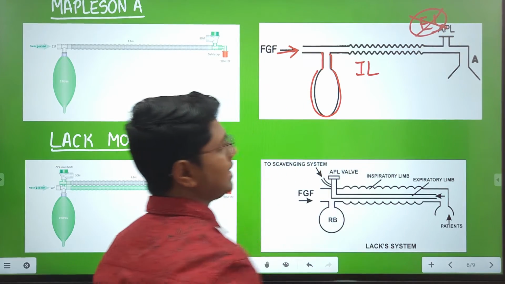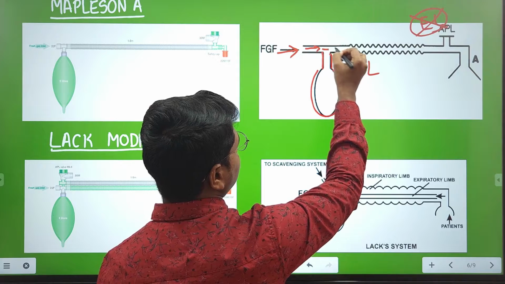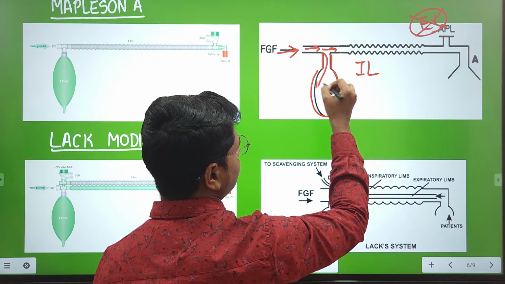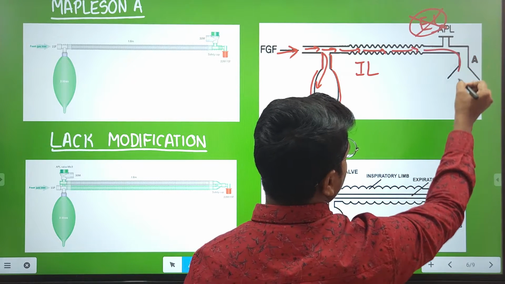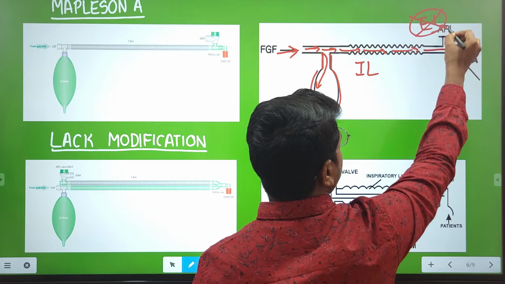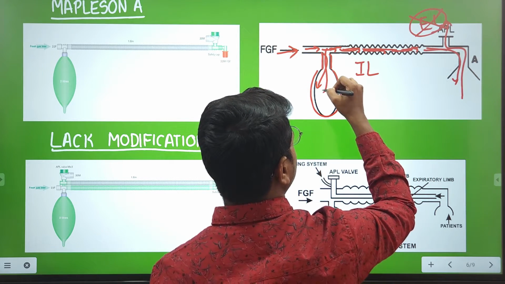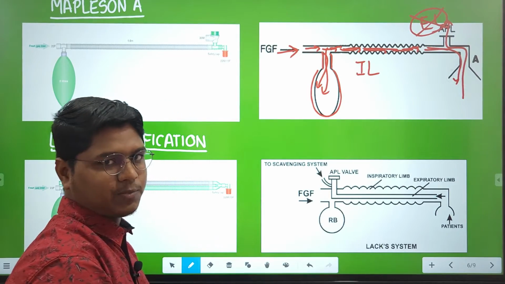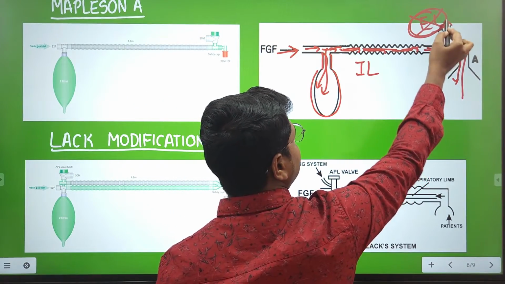How the gas will flow? Here the gas will flow towards the patient. Some will be collected in the reservoir bag. When the patient will expire, it will go through the APL valve. Some will come to the reservoir bag also. So partial rebreathing, and there isn't any expiratory limb.